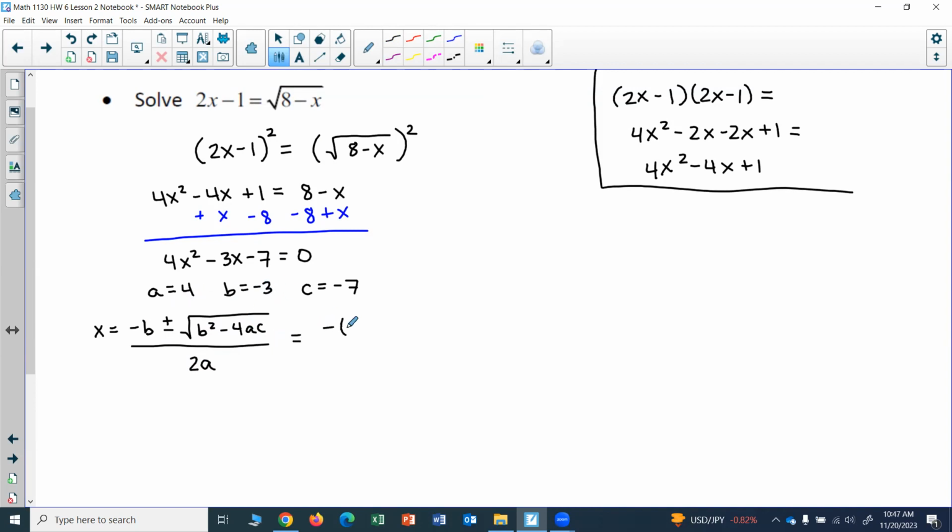I'll have negative 3, since b is negative 3, plus or minus the square root, parentheses, negative 3, close the parentheses and square, minus 4 times a, which is 4, times c, which is negative 7, all over 2 times 4.